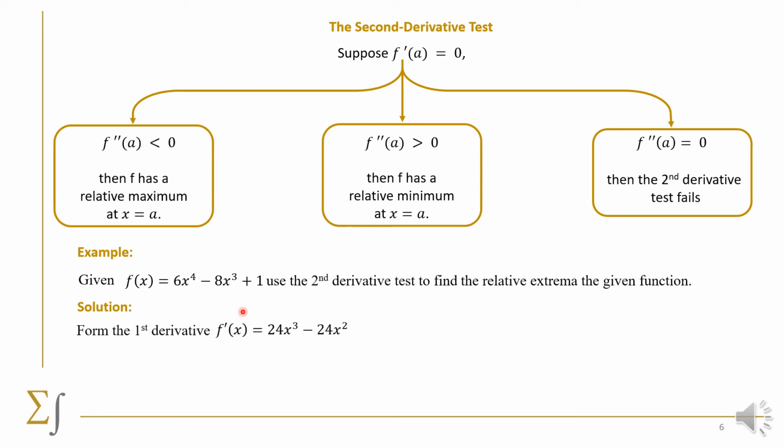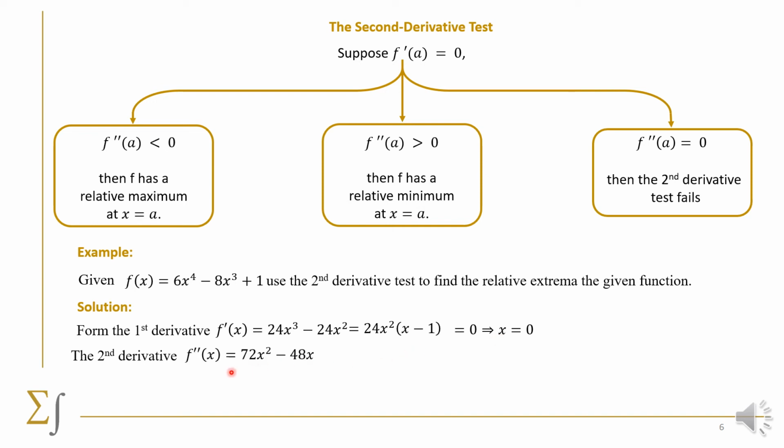So the first derivative of this function is 24x cubed minus 24x squared, and of course the derivative of 1 is 0. Now, this can be factored to 24x squared times x minus 1. Putting this equal to 0, we can say that either x equals 0 or x equals 1.